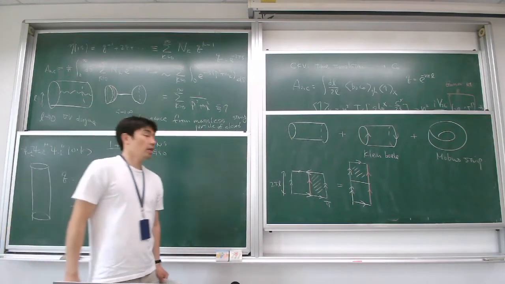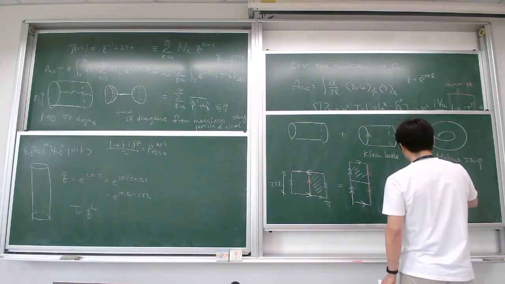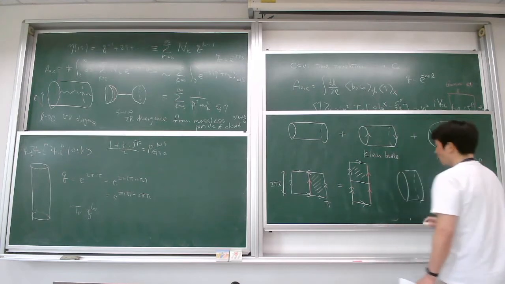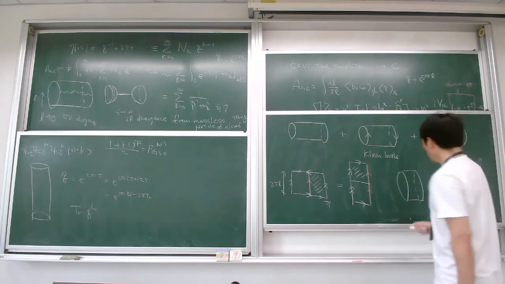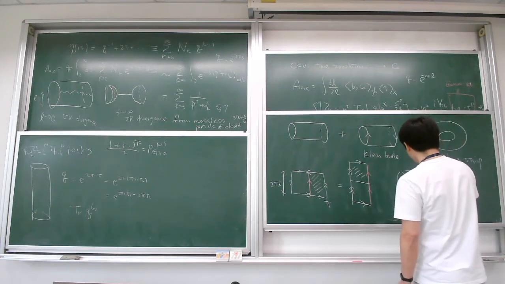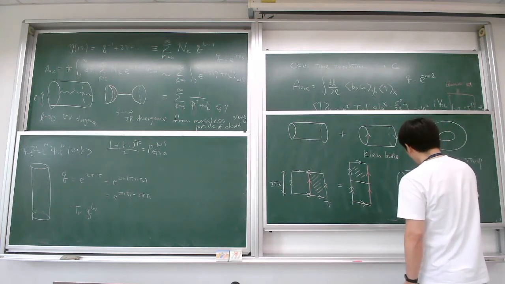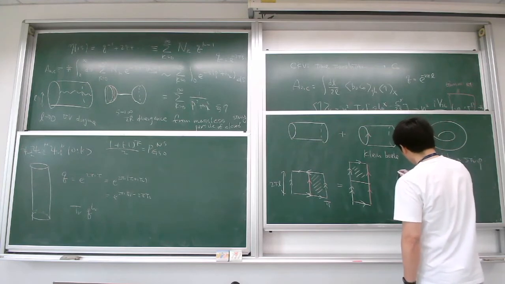So this can be understood as a cylinder. But now at the end of the strip, this part is identified with the opposite part.